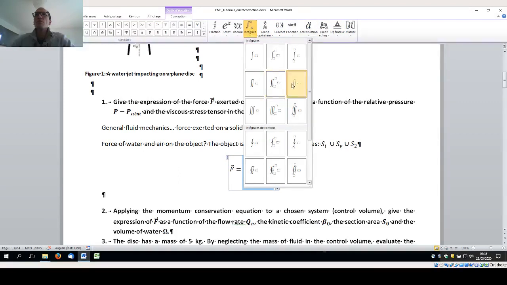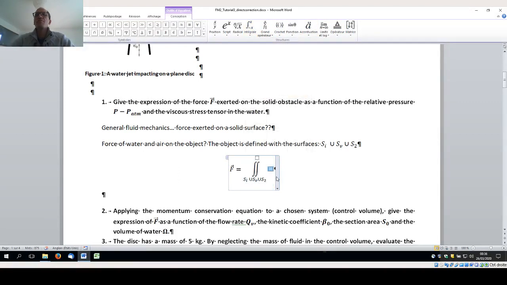This is the integral over the surface of the pressure, the normal.